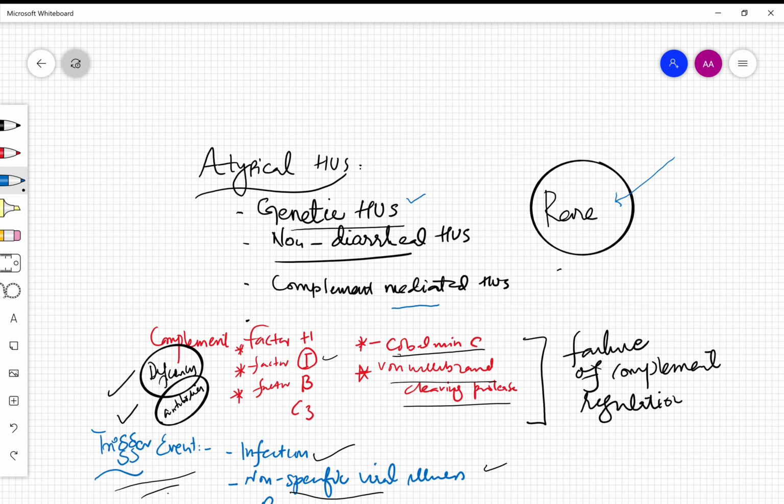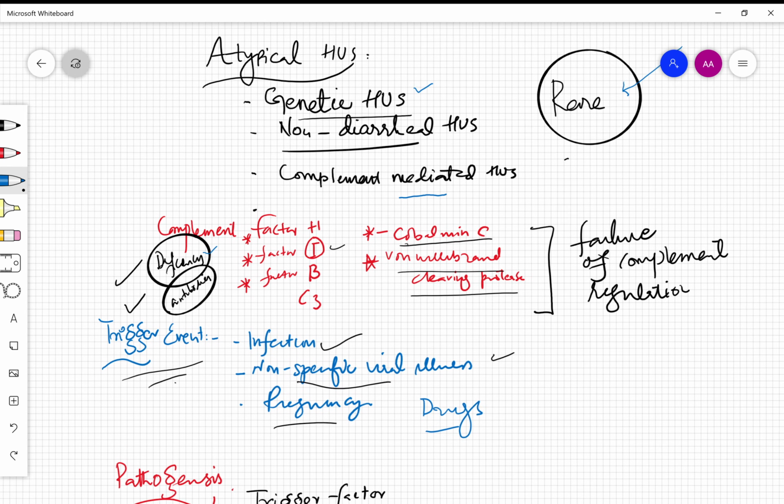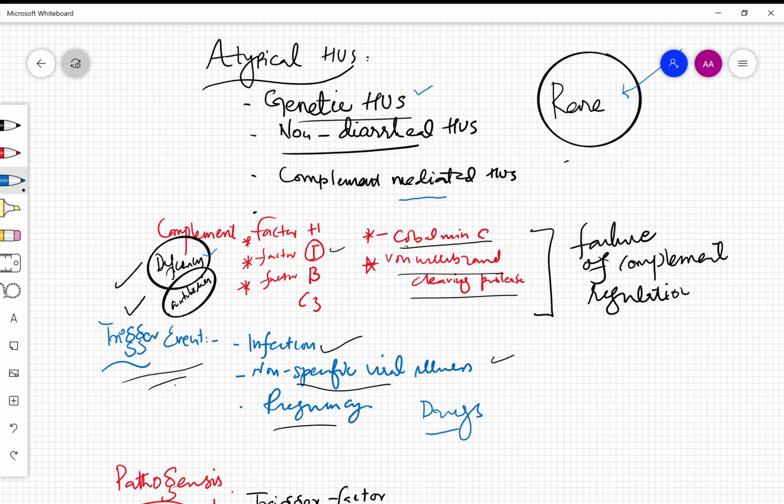manifestation. So at the core, either there are certain regulatory factor deficiencies, or in some cases there are antibodies against certain complement pathways.